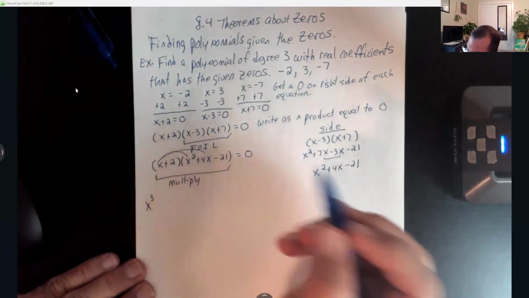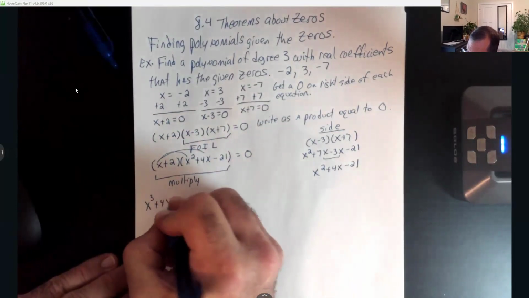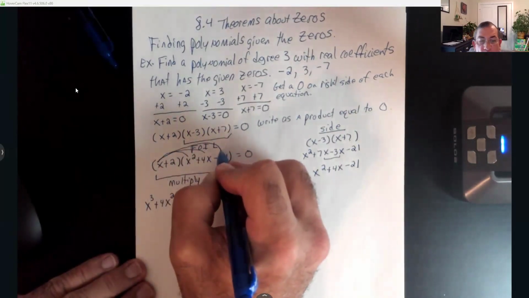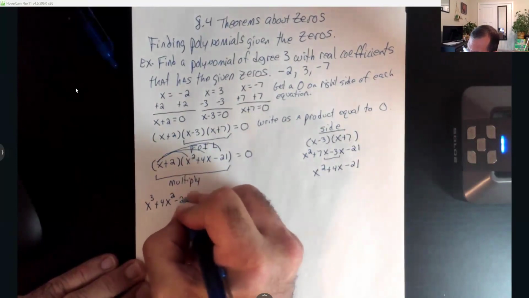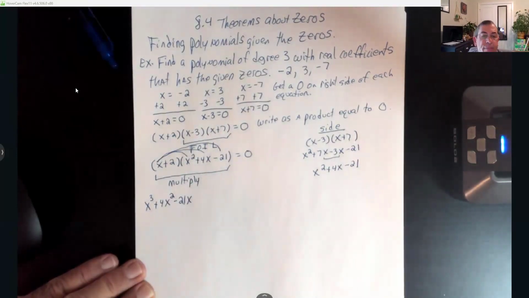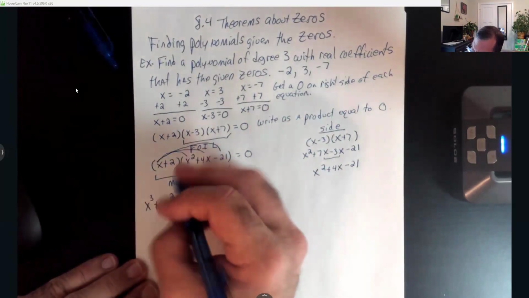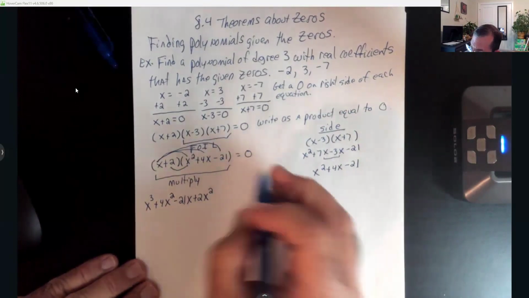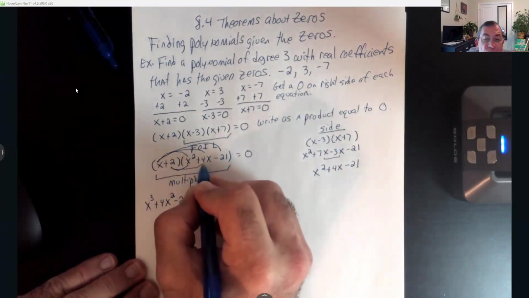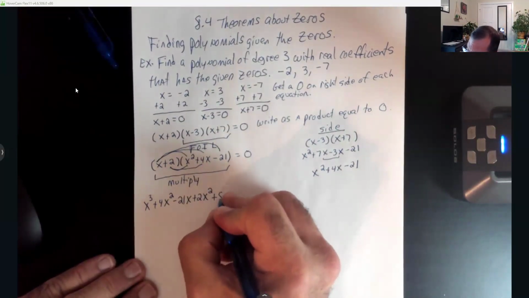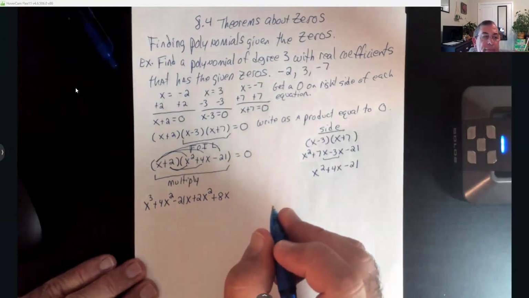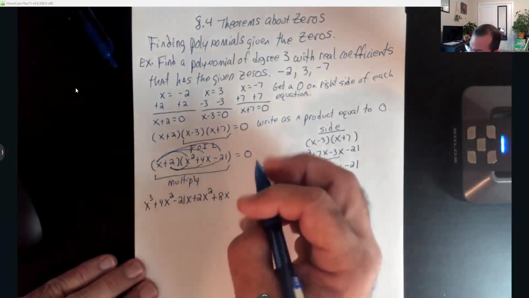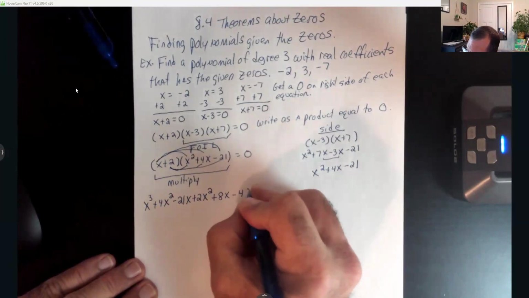X times 4x is 4x squared. X times negative 21 is negative 21x. Now let's distribute 2. 2 times x squared is 2x squared. 2 times 4x is 8x. And then 2 times negative 21 is negative 42.